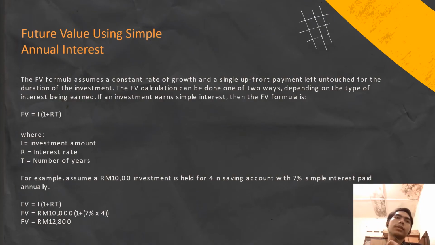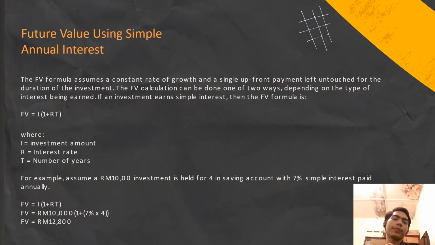First, the future value using simple annual interest is equal to the investment amount multiplied by 1 plus the interest rate multiplied by the number of years, or the period, in brackets.